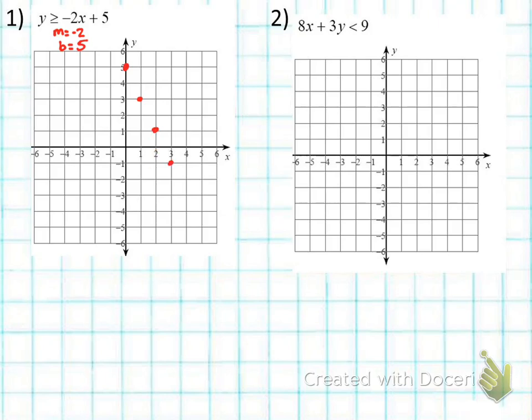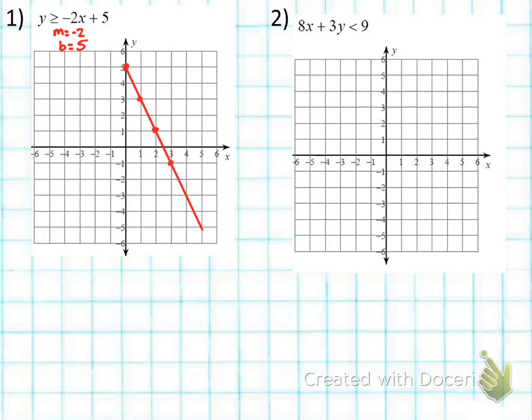Then I graph a line. So I'm going to graph a line with my straight edge. Draw some arrows at the end.